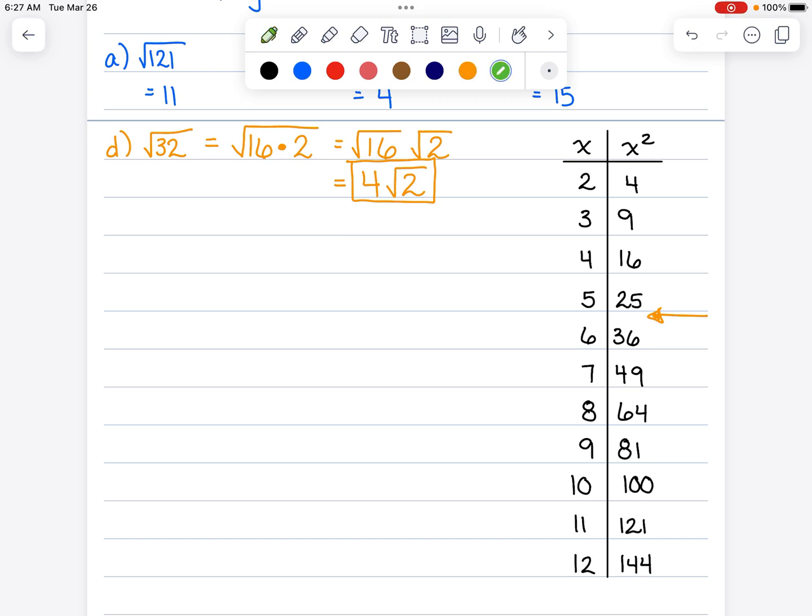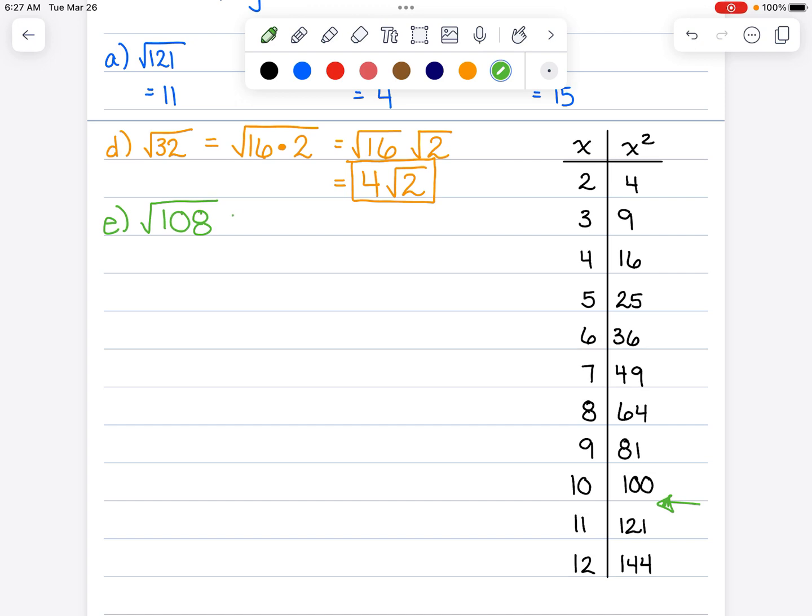Let's try another. Square root of 108. So 108 would fit right here. 108 does not divide by 100, does not divide by 81, does not divide by 64, does not divide by 49, but it does divide by 36.